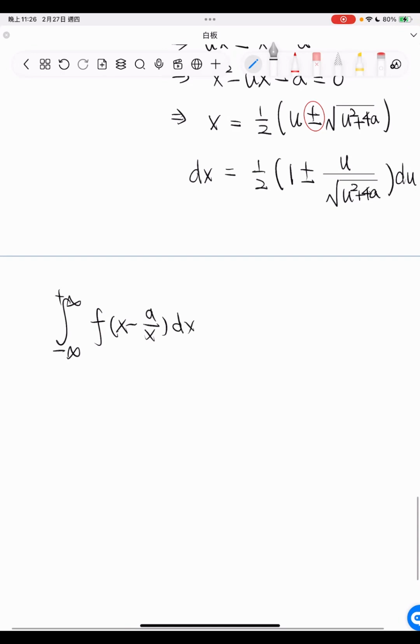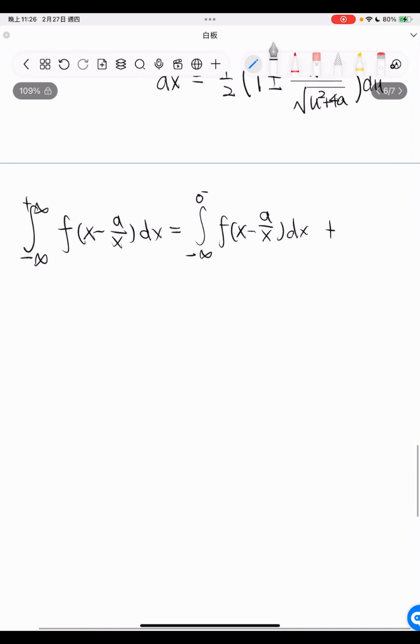The first part is from minus infinity to 0 of f of (x minus a over x) dx, and the second part is from 0 to infinity of f of (x minus a over x) dx.